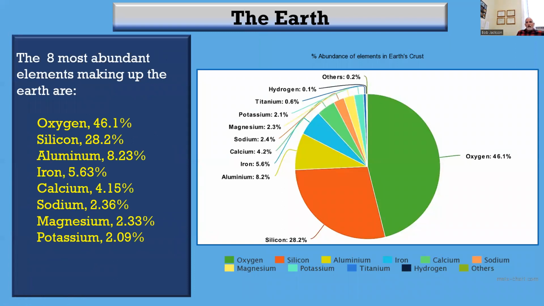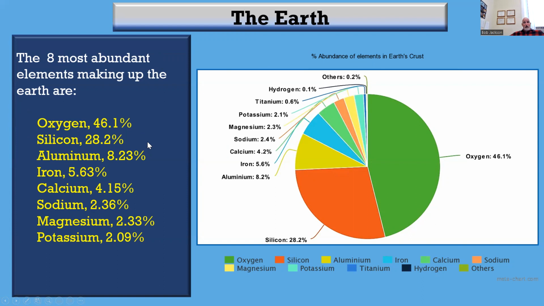The 8 most abundant elements making up the earth are right here: oxygen, silicon, aluminum, iron, calcium, sodium, magnesium, and potassium. The predominant two, as I was saying, are oxygen and silicon. About 75% of the Earth's surface has these in them, silicon and oxygen.